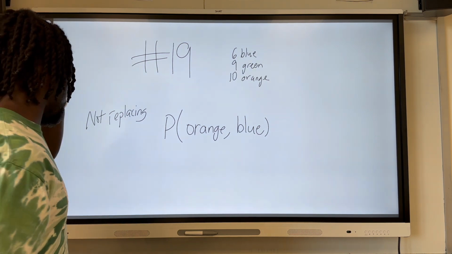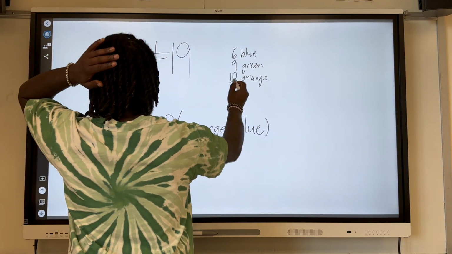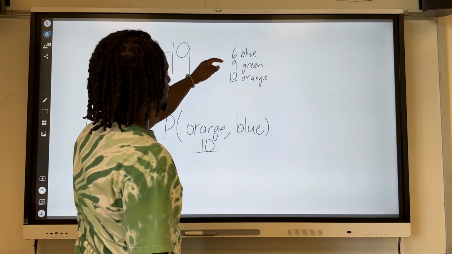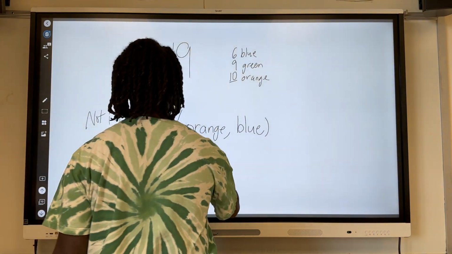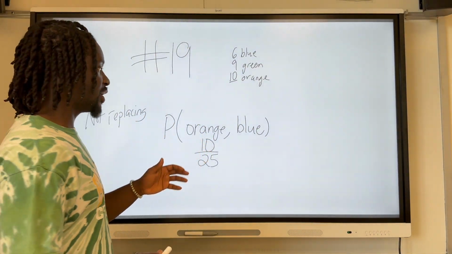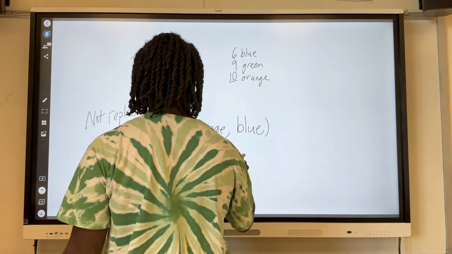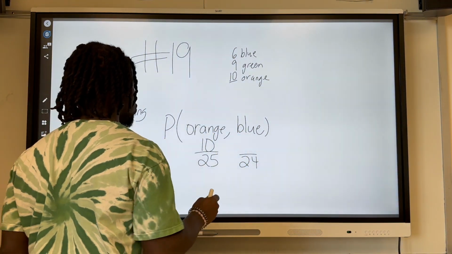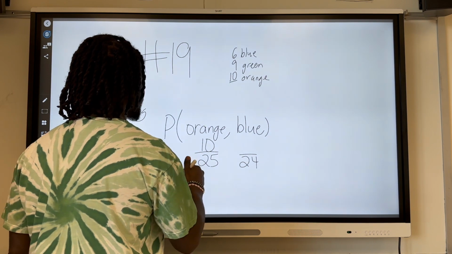So the probability of getting an orange: there are 10 orange out of how many total? 10 plus 9 plus 6 is 25. So I get an orange, and I'm not putting it back, so I have 1 less because I just grabbed an orange. Now what's the probability of getting a blue?